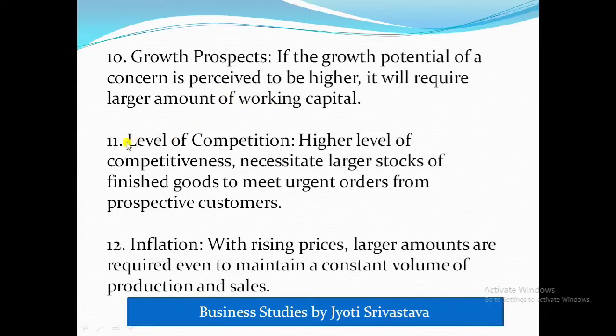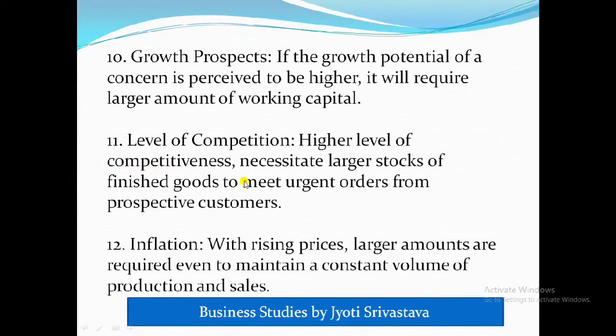Clear? Then the 11th point is level of competition. A higher level of competitiveness necessitates larger stocks of finished goods to meet urgent orders from prospective customers. When there is more competition, you have to be much more alert.